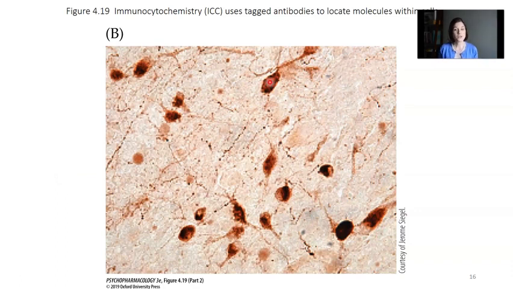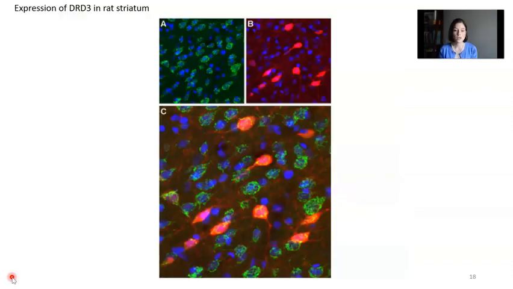We can then use what's called a secondary antibody, which these days is commonly attached to a fluorescent tag. This means when we visualize the tissue under a microscope, we can see fluorescence where our proteins of interest are located. So for example, here we can see labeling of the dopamine type 3 receptor in neurons of the rat striatum.